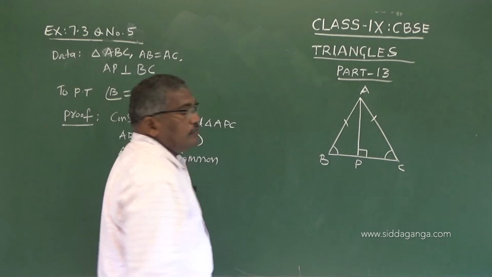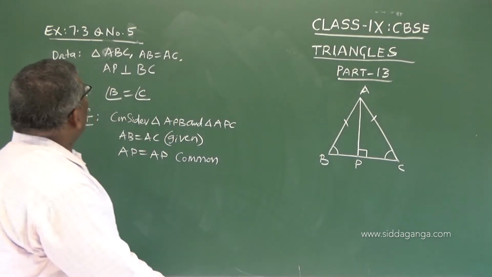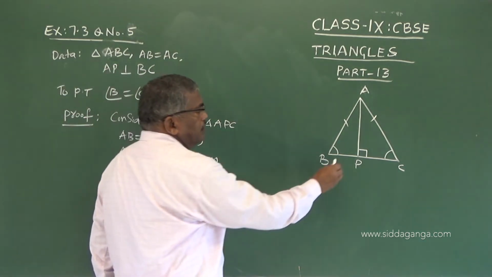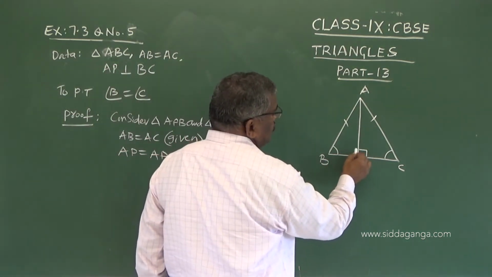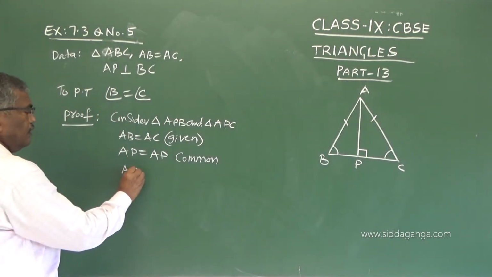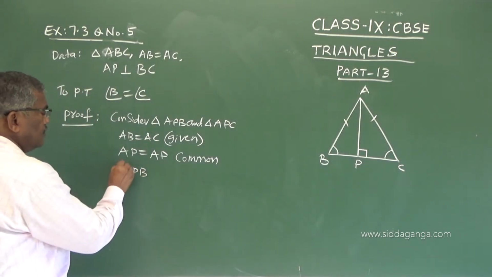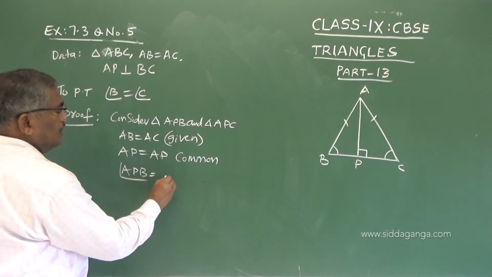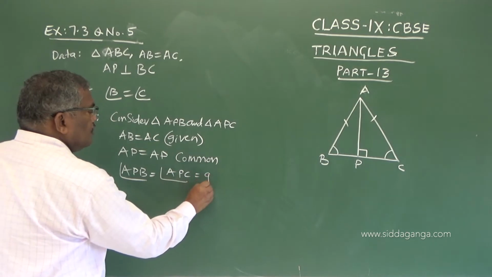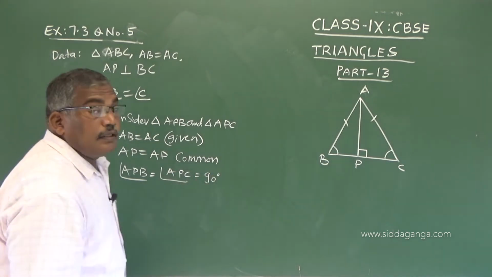It is given AP is perpendicular to BC. Therefore, these two are 90 degrees. So angle APB equals angle APC, equals 90 degrees.